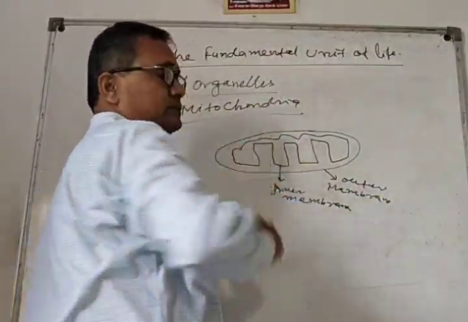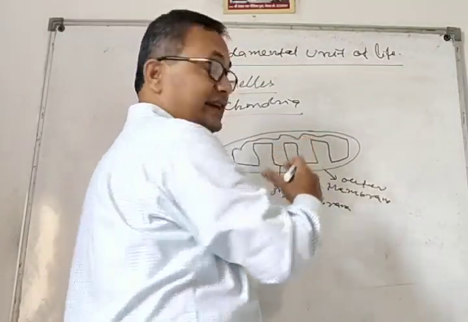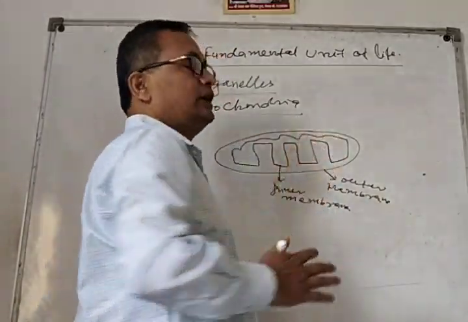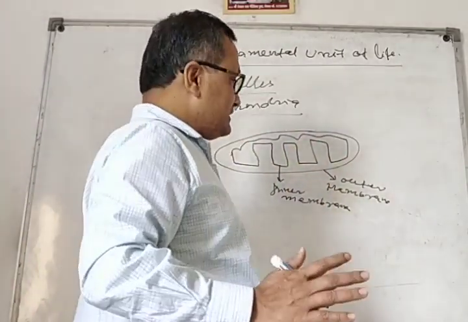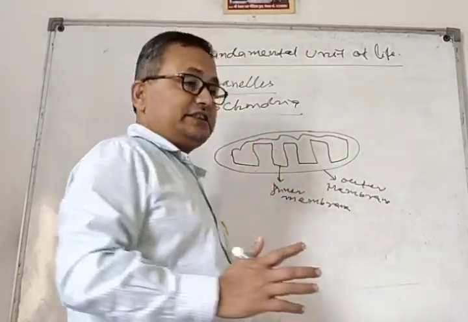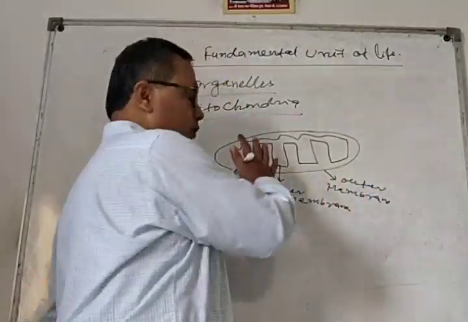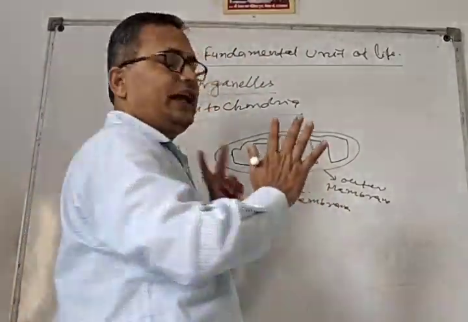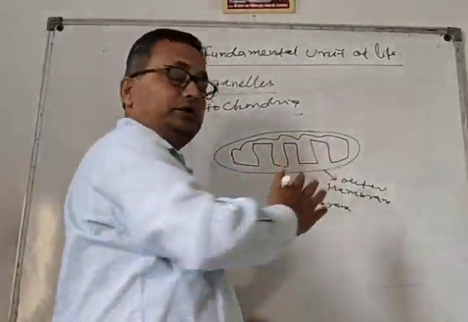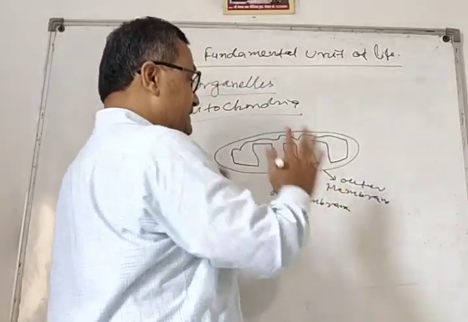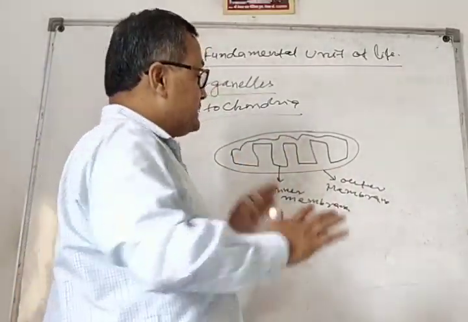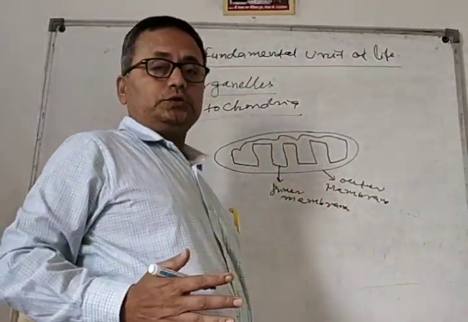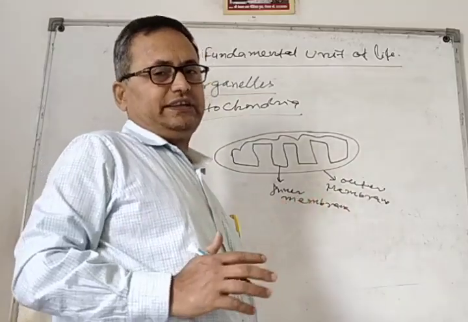Here some oxidative enzymes are present, and these oxidative enzymes perform the main function, that is oxidation, and release energy that is stored in the form of ATP. This energy is utilized for different functions of a cell. So it is also known as the powerhouse of the cell.